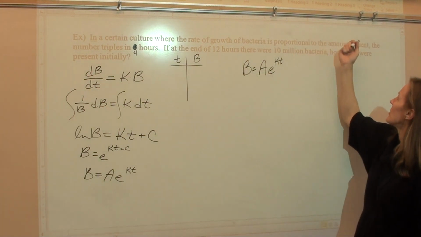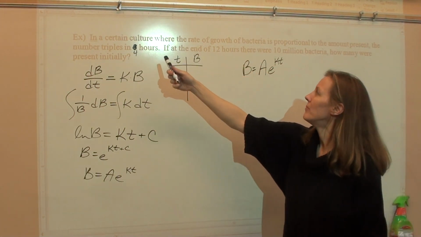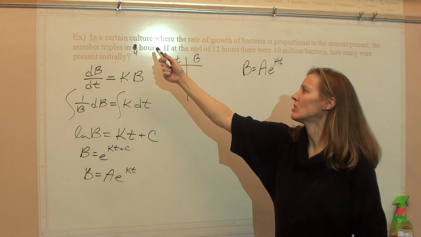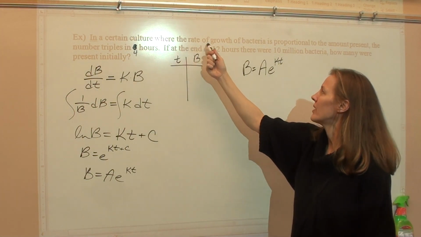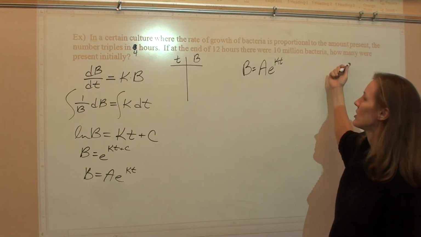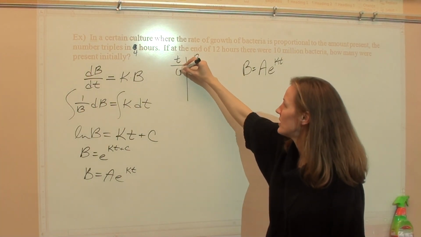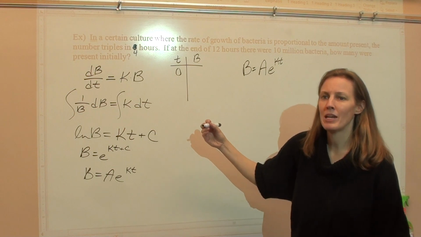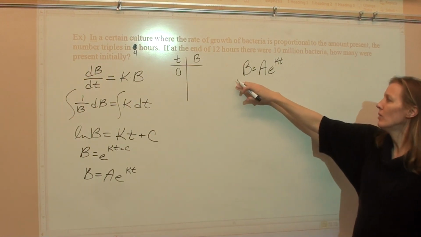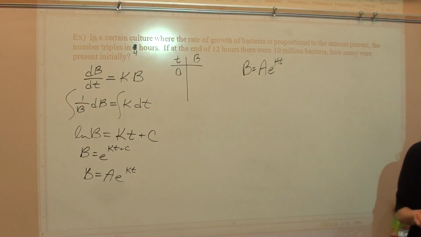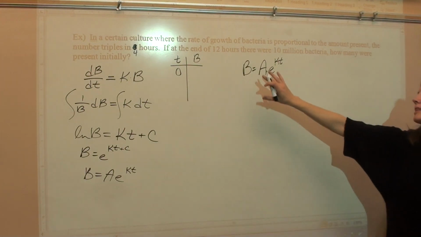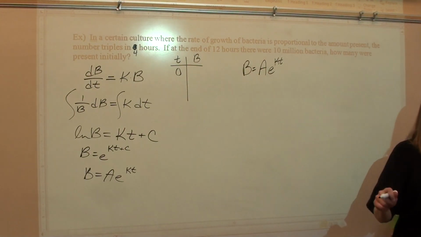So let's just talk about this. The number of bacteria triples in 4 hours. At the end of 12 hours, there are 10 million bacteria. How many are present initially? Well, initially would be time 0. We don't know how many there are, but in this formula there's a letter that represents it. Which of these letters represents the initial amount?